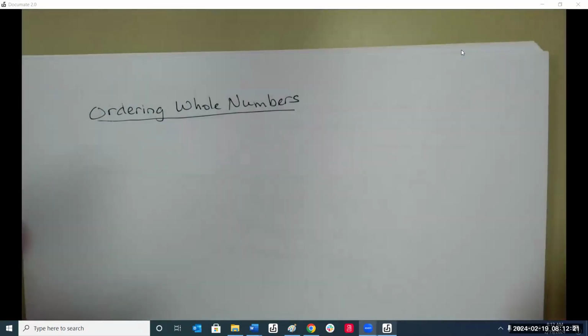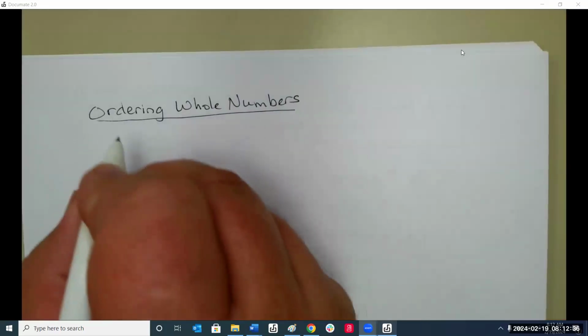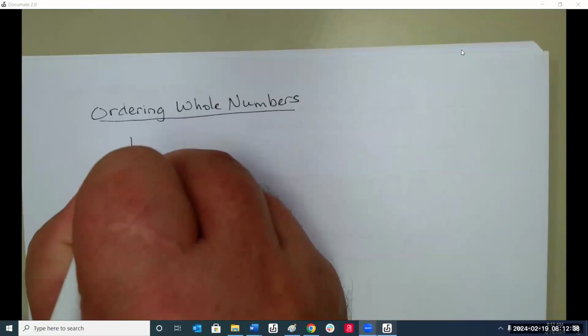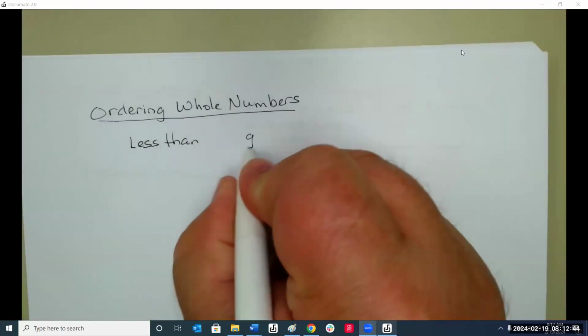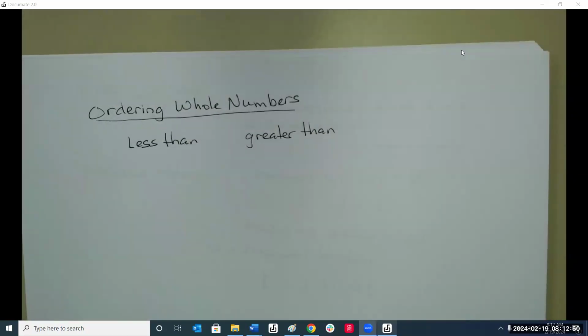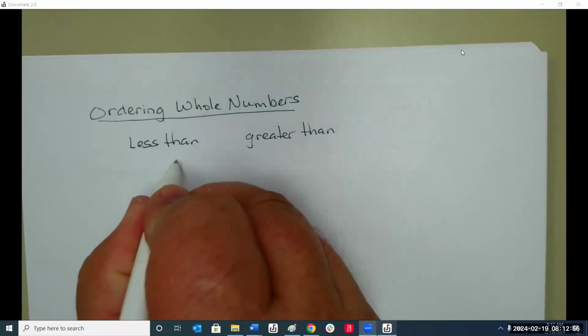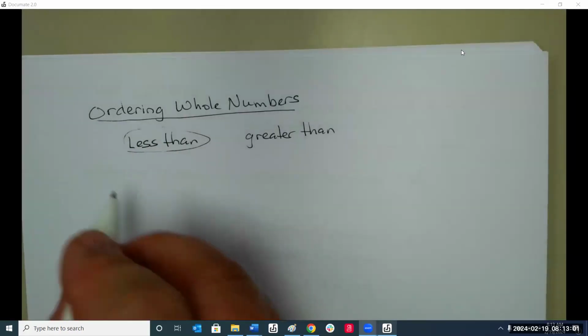What that means is, if I gave the student a whole bunch of digits, I would ask them to put them in order. What we're looking for here now is less than and greater than. This is where we introduce this concept. So let's define less than.